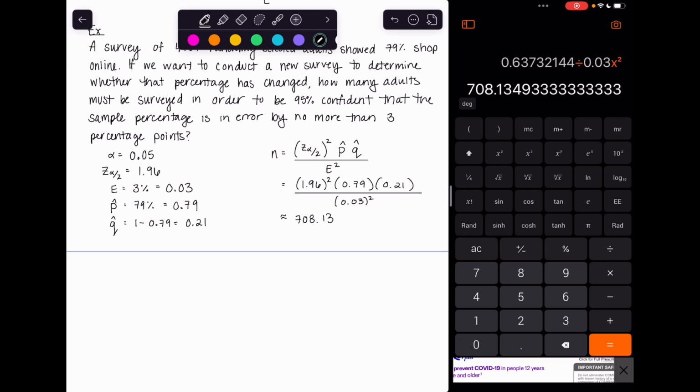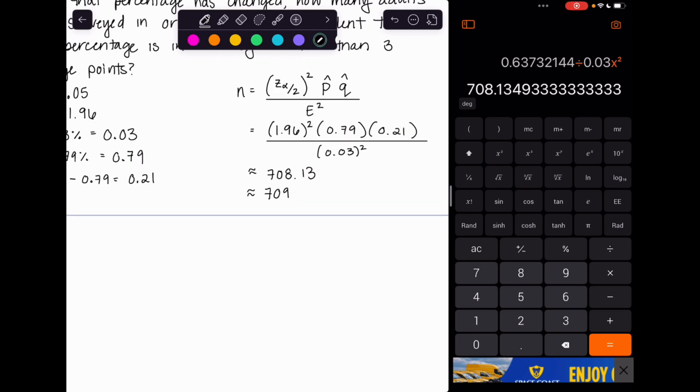We obviously cannot have 0.13 of a person. So in this case, you're always going to round it up. You don't want to take fewer people. You need to take more to get that true confidence interval. So the number of people that we should have in our sample size is going to be at least 709 people. Okay.